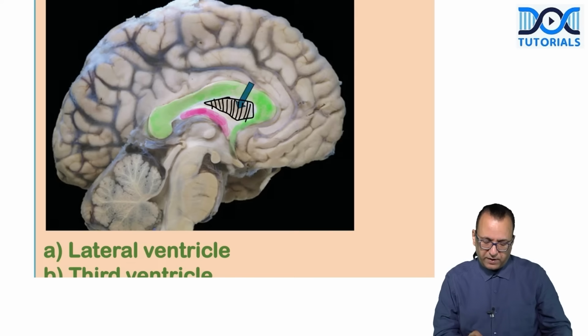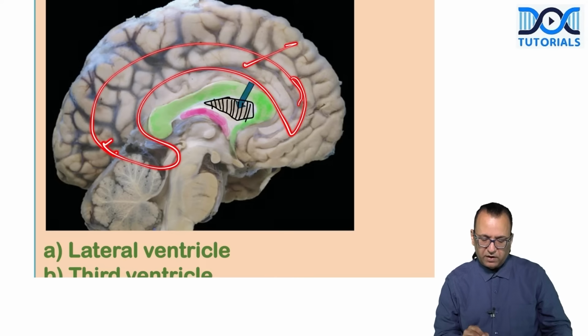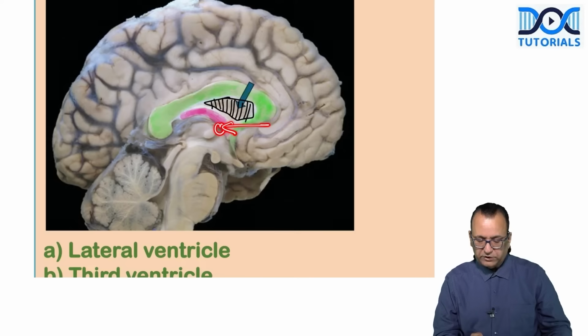The CSF, which will be in the lateral ventricles like C shape, from there will be passing into this foramen, which is interventricular foramen of Monro, and from there the CSF will be passing in this hypothalamic sulcus, which is the lateral wall of the third ventricle.